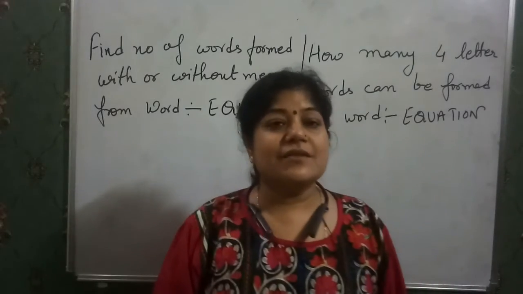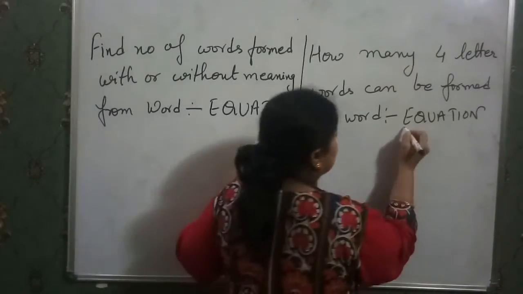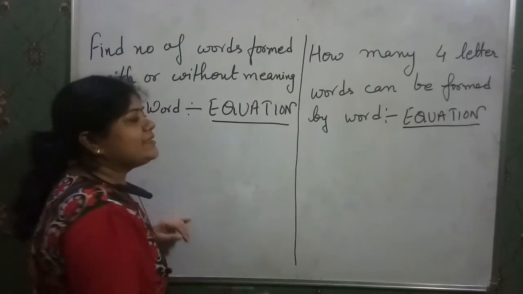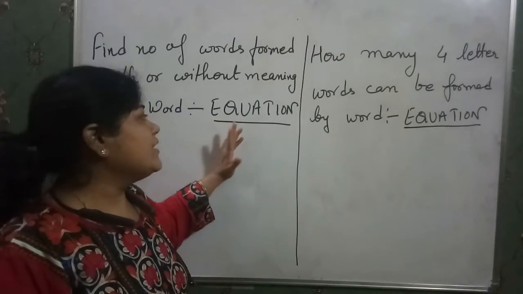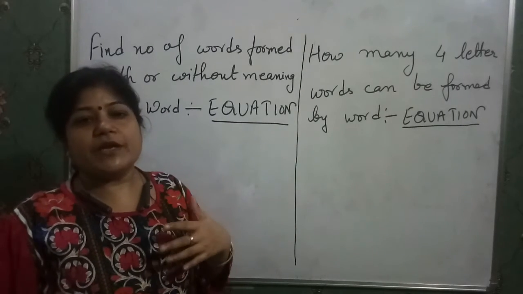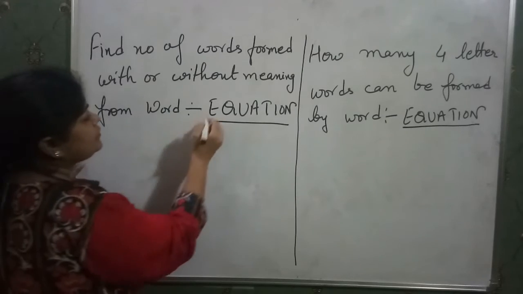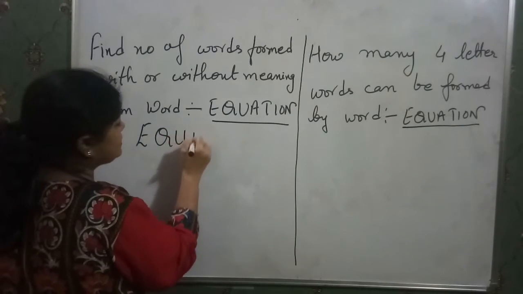Now students, I am taking questions regarding words. We have a question like this: how many words can we form from a given word, with or without meaning? Here is one thing I want to explain. We first observe the word given to us.